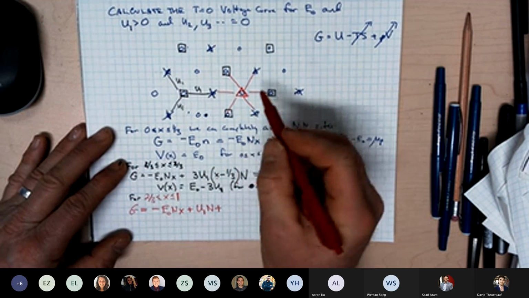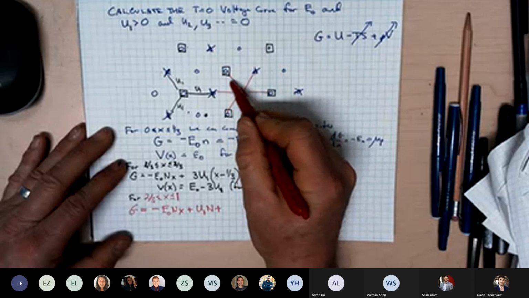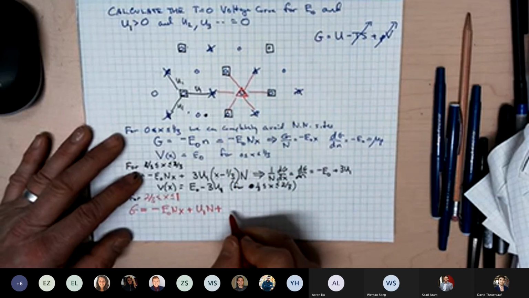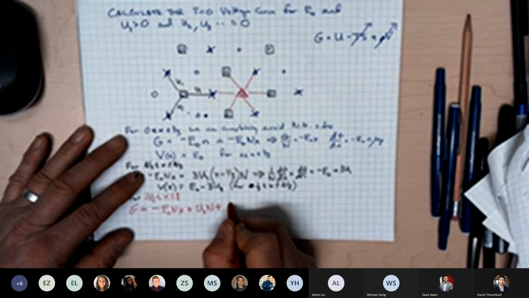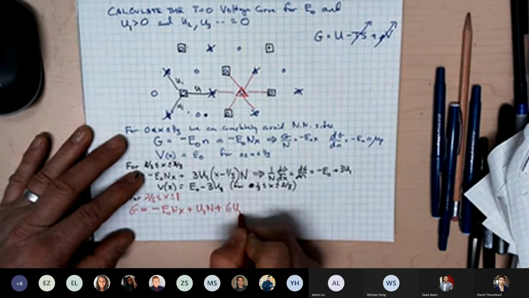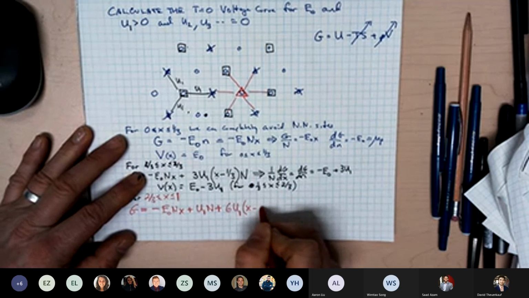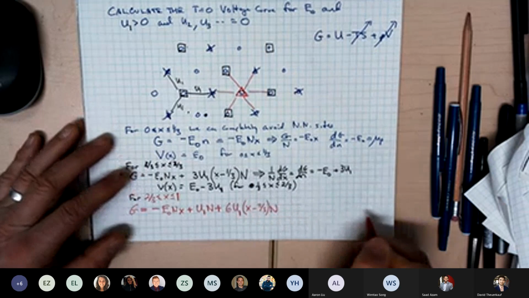And now, every additional lithium that we add creates 6 near neighbor interactions. So it's going to be 6U1, and now it's x minus 2/3 times n.